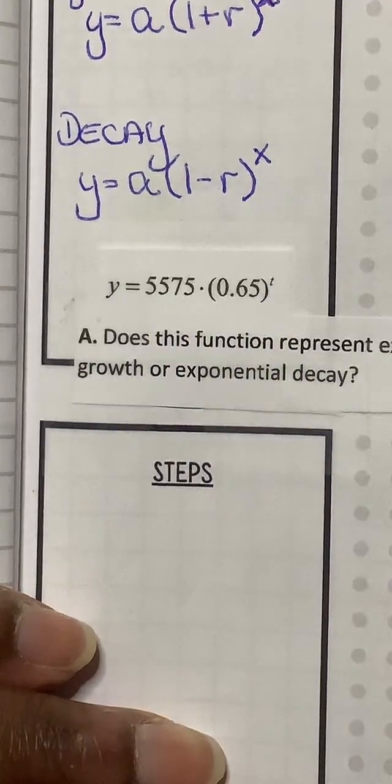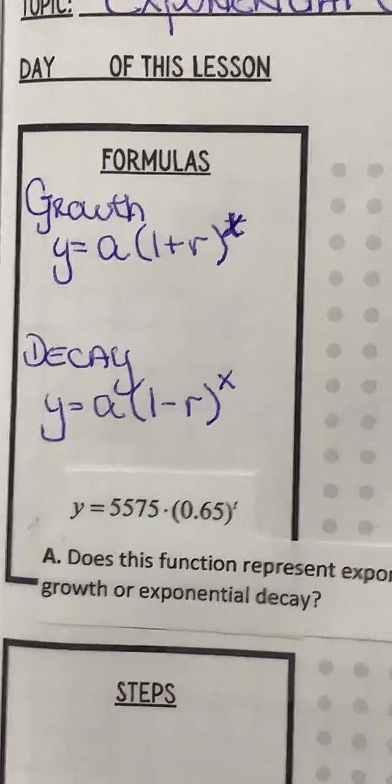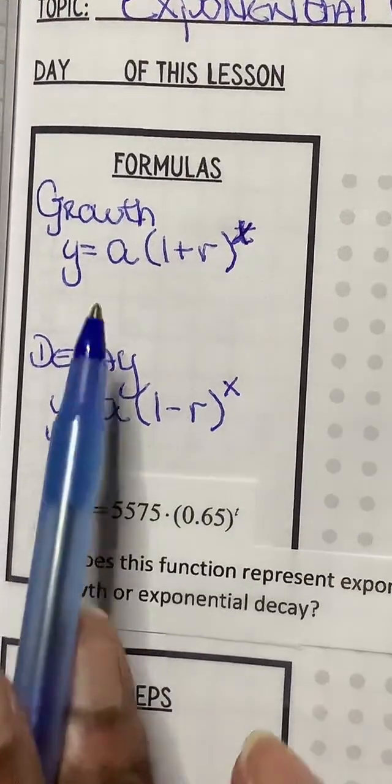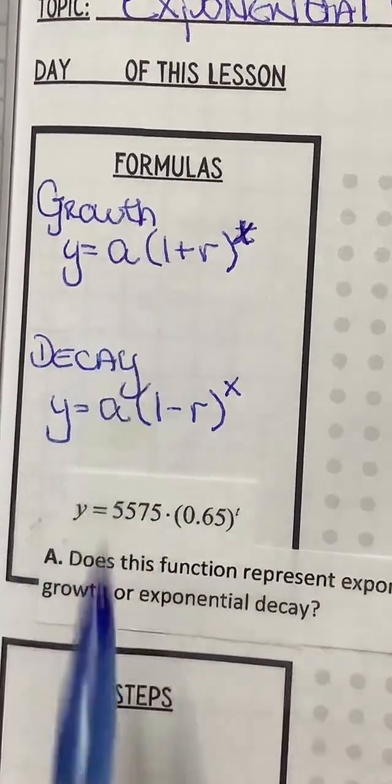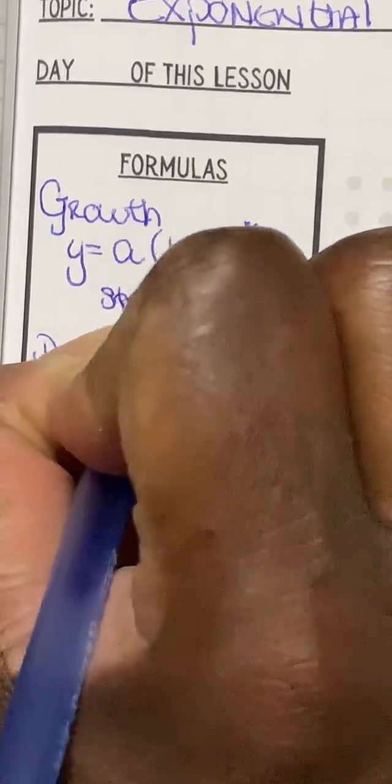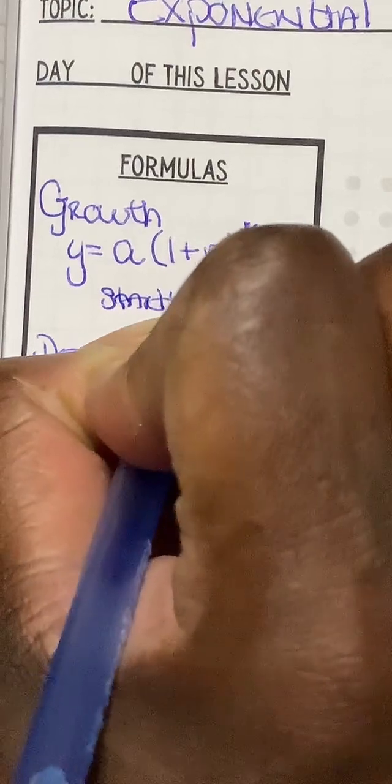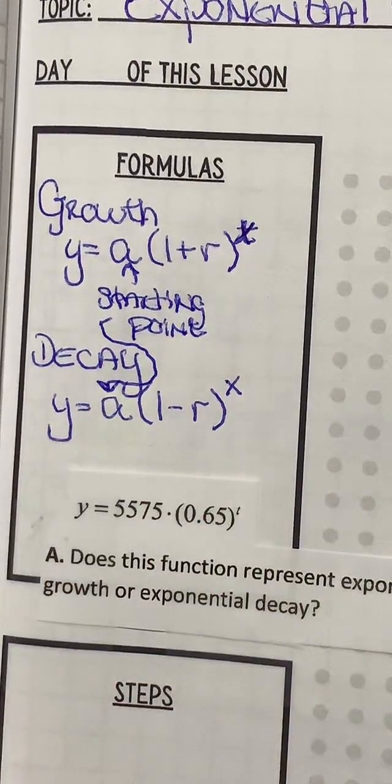Your a value, if I may, your a value is always your starting point. Doesn't matter if it's a growth or decay, your a is always your starting point, okay?